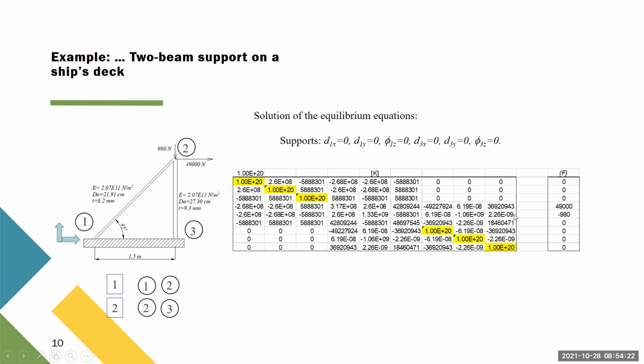And what we do, remember, is that we put in here and in here a large value. You see that this value, for example, is 10 to the 8, but this is 10 to the 20. So it is really much larger than this one, right?